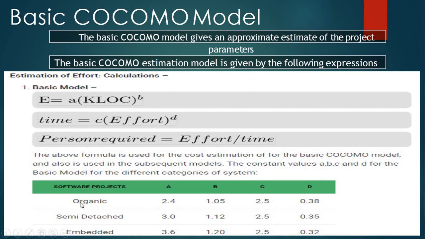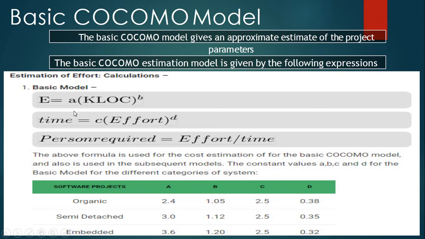We use the constants from this table for our specific type of project. If we are dealing with organic software, we use the values of A, B, C, D from the first row. If semi-detached, the values come from the second row. If embedded, the values come from the third row.